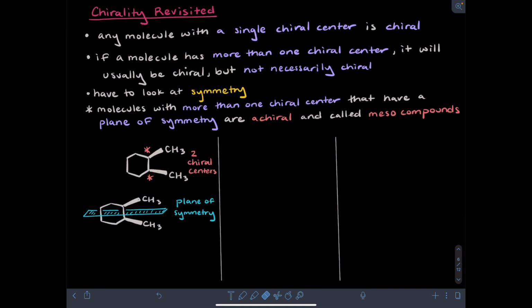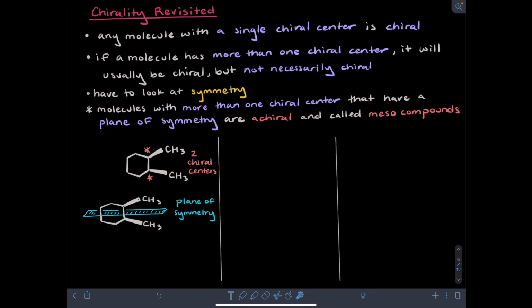You want to be on the lookout for whether or not you have a plane of symmetry cutting through your molecule. In this case, there is a plane of symmetry cutting through the middle of the molecule horizontally, and this plane of symmetry is perpendicular to the page.